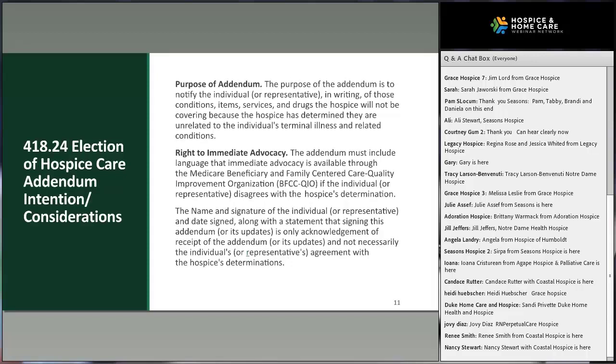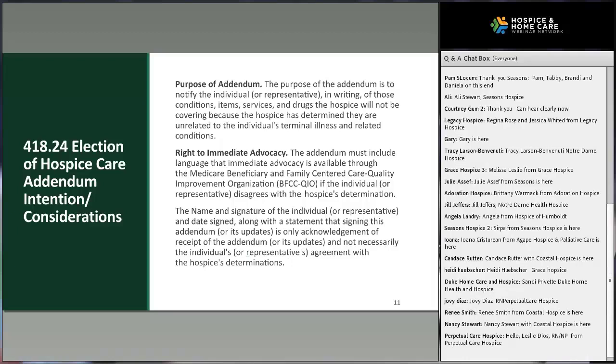And then they added another piece. They wanted an addendum. The purpose of the addendum was to notify the individual, or if there was a representative, a family member, anyone who's power of attorney or whoever is working with the patient, in writing of those conditions, items, services, and drugs that the hospice will not be covering, because the hospice has determined that they're not related to the individual's terminal illness and related conditions.